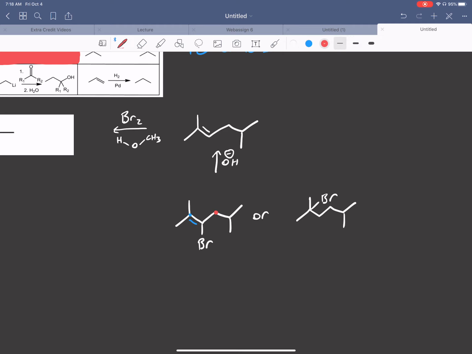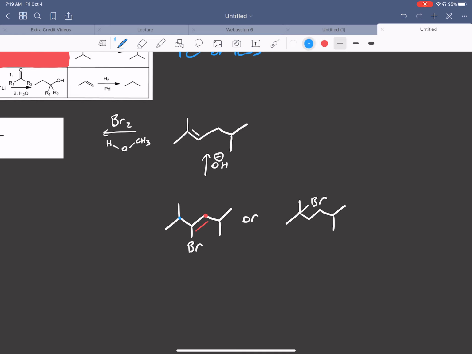This red double bond, if I erase the blue one actually, here will not form because that is not the more substituted one. Looking at our molecule on the right, we could either form a double bond right there, or, erasing the blue one, we could have formed it right there.